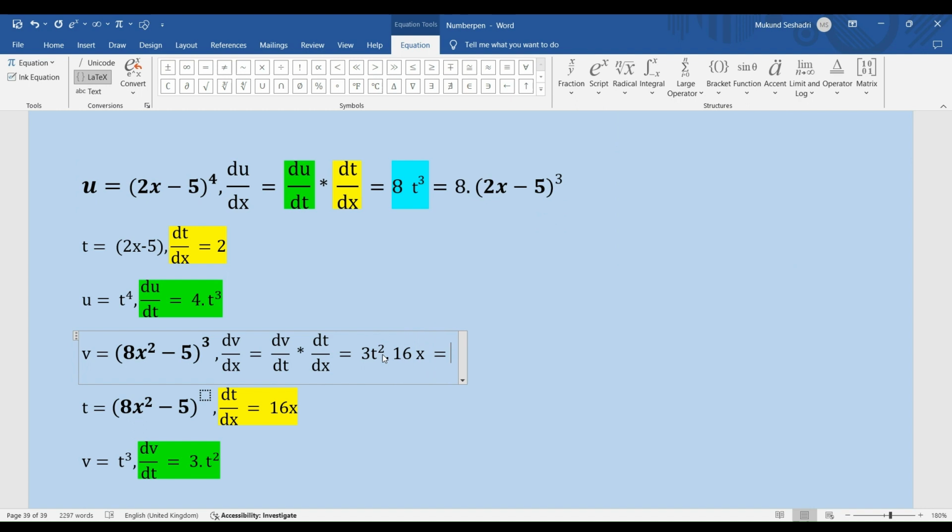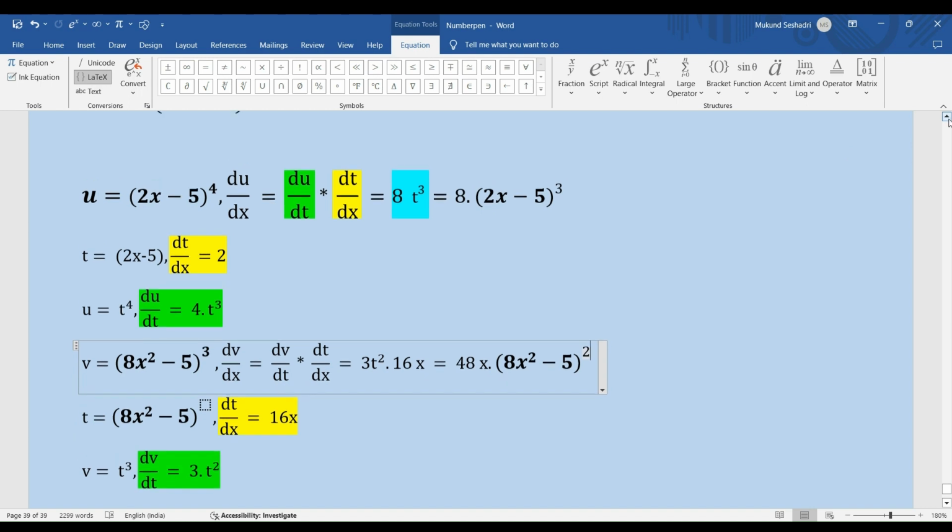What is that? So I have an expression in terms of t and x. So I go back and do the substitution to eliminate the term t. So I put back my t in terms of x. So I have 3 times 16 as 48. My x remains as it is. My t square becomes (8x square minus 5) the whole square. Right, so there I have my dv by dx.